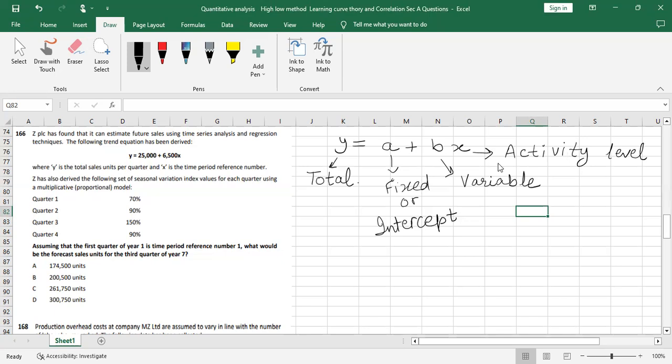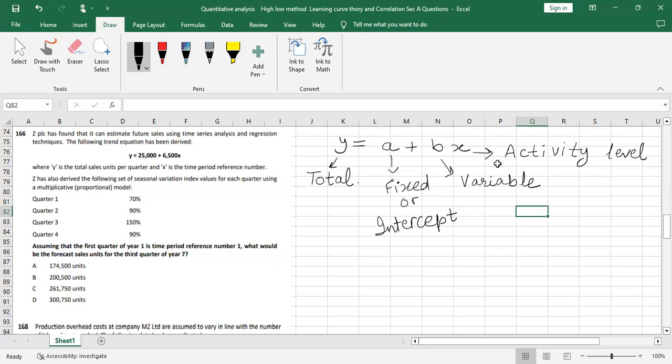Once again, I am going to repeat this formula. Whenever you have this formula of correlation, Y is equal to A plus BX, Y means the total value. It could be total sales units, total sales revenue, total production units, total hours, whatever the requirement in the question, we will denote the total value with the help of Y. A denotes fixed value.